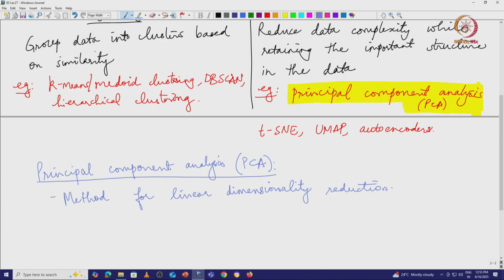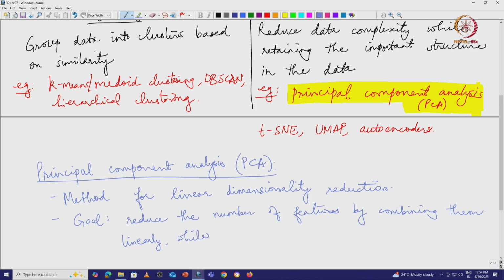Okay, and essentially the goal is to reduce the dimensionality, right, reduce the number of features by combining them linearly while retaining as much variance as possible, right.